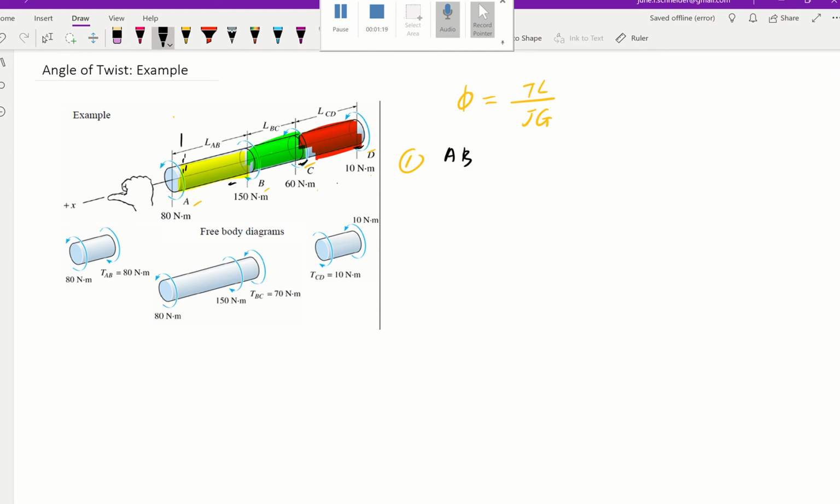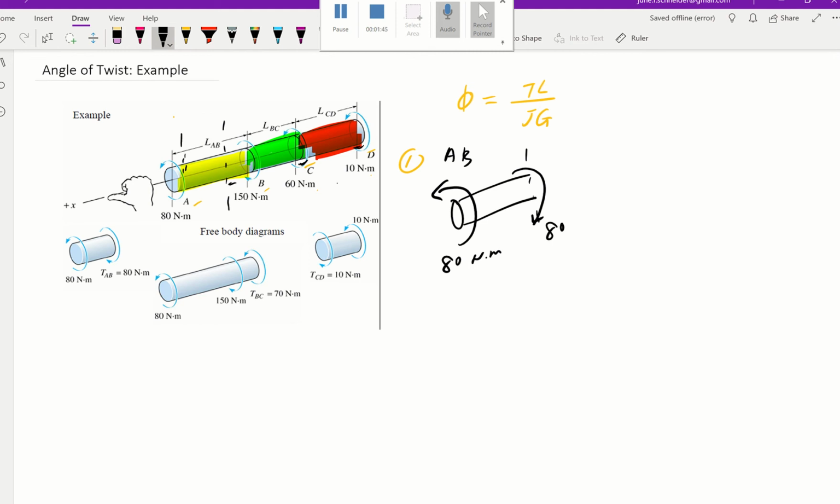If we cut anywhere between A and B, you have a left and right section, and we'll choose the left section, which seems to be easier. Looking at the left section, at A there is an external torque, 80 Newton meter. So the internal torque where we cut has to be in the opposite direction, so it also has to be 80.